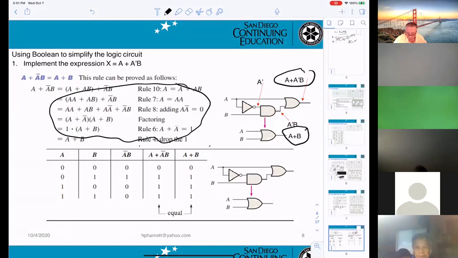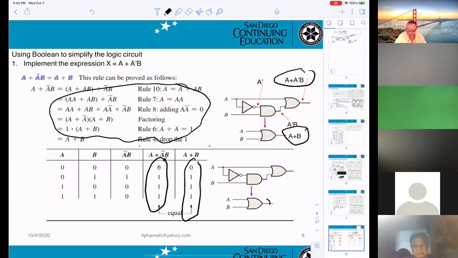They tell you A OR NOT A B is the output here, and they substitute values into A OR B. They get the same output.